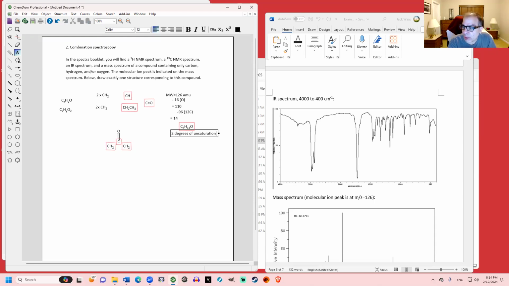And the fact that we have only 1 CH3 makes it sound to me like we have a ring. So maybe the next around the ring is 2 of the CH2s. So we've got the CO accounted for.